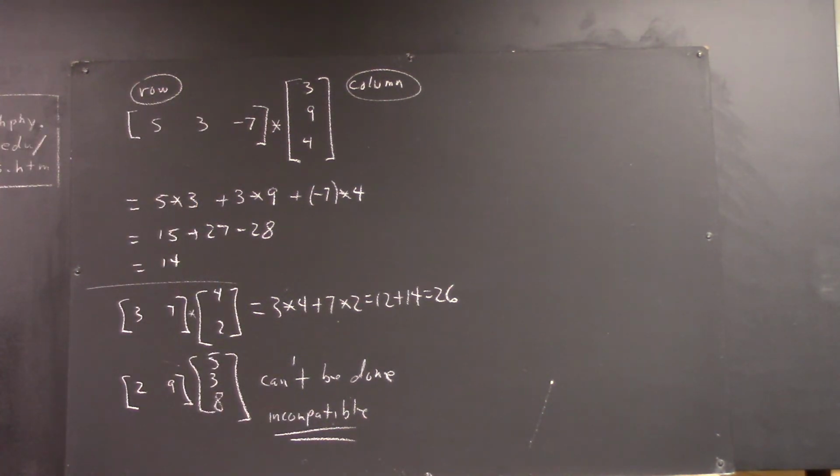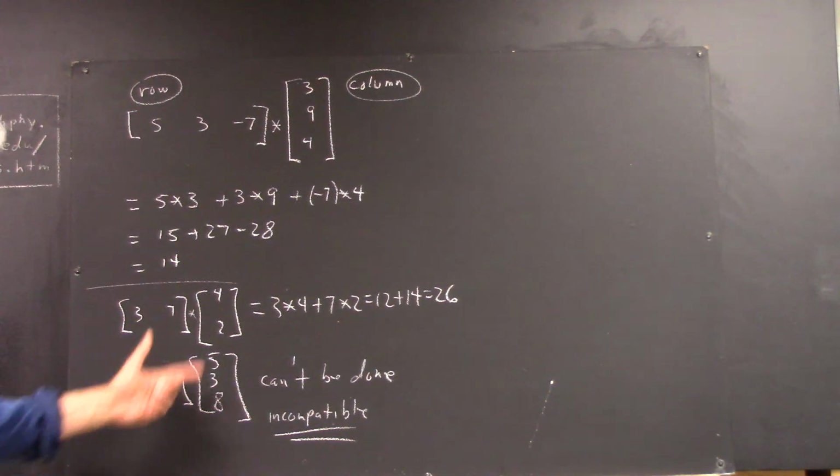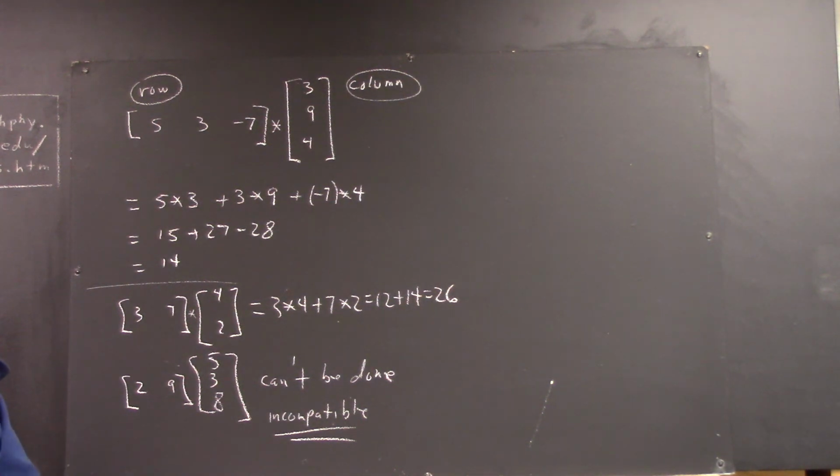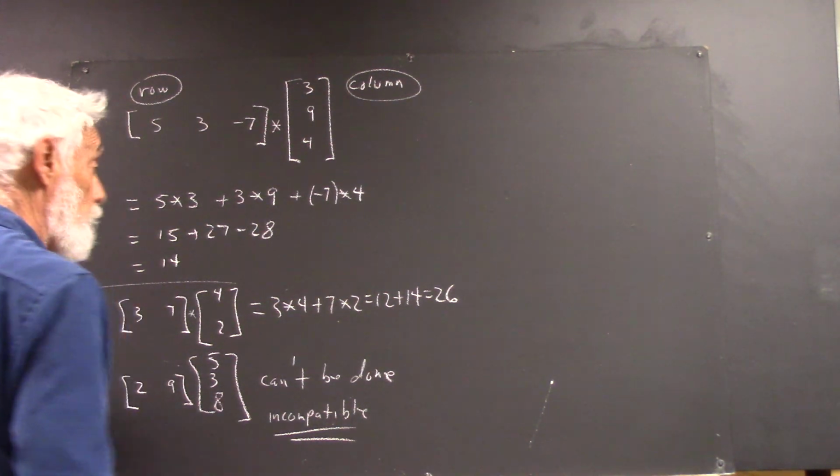That's the way we're going to do it, and that's a standard way to do it. When you get to interpretations, you'll understand why, for most interpretations, it makes no sense at all to do this in terms of the way this is applied. Okay? But you don't know how it's applied yet. Okay? Okay, so that's row times column.